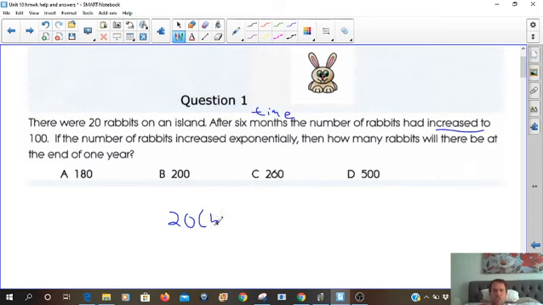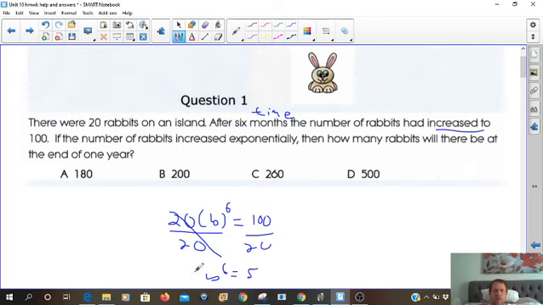So you don't know what your rate is there, but you do know your time was 6 months. And so you set it equal to 100. And then you go ahead and solve for your b by dividing by 20 on both sides. So 100 divided by 20 is just 5. So now you have b to the 6th power.